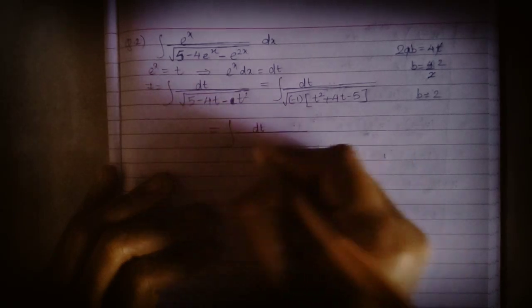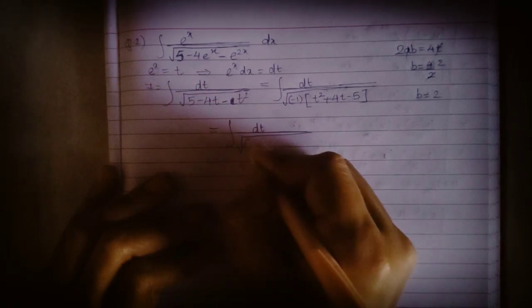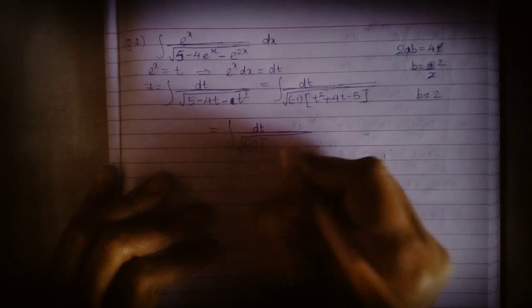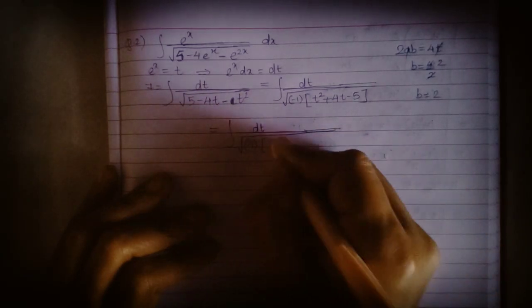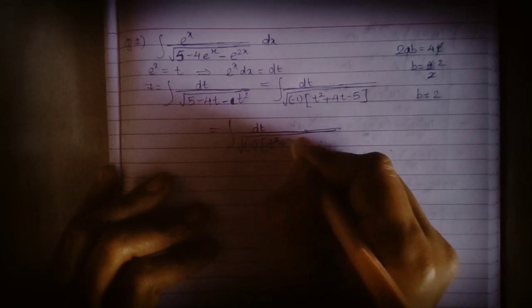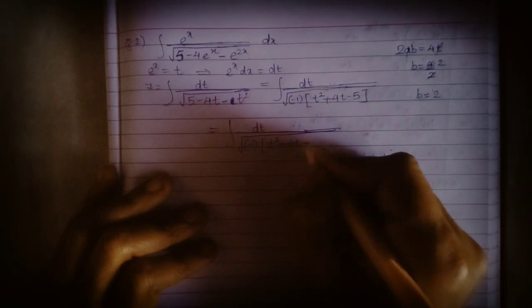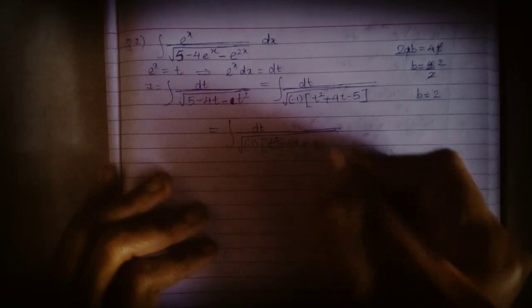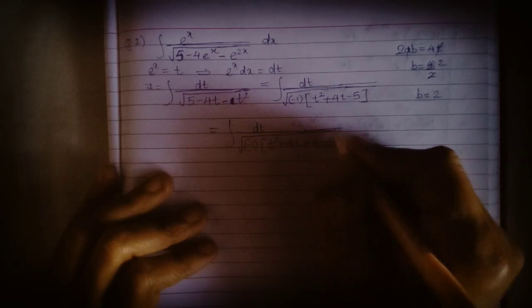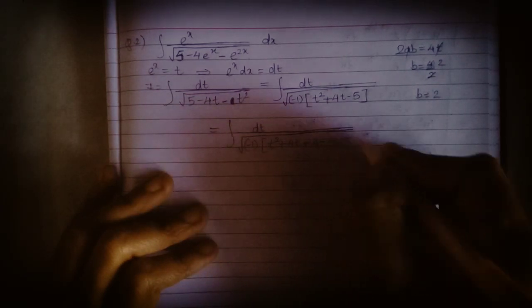So writing t square plus 4t plus 2 square, which is 4, and minus 2 square, which is 4, and we have here minus 5.